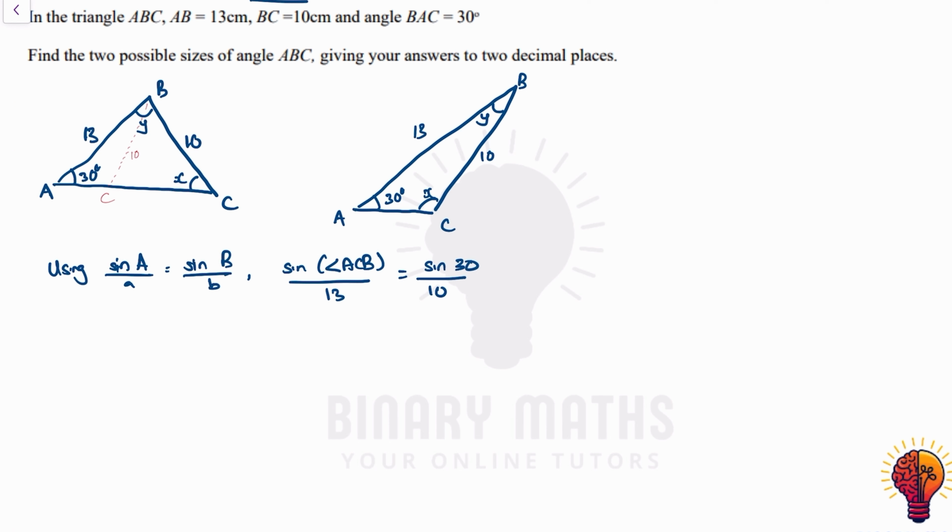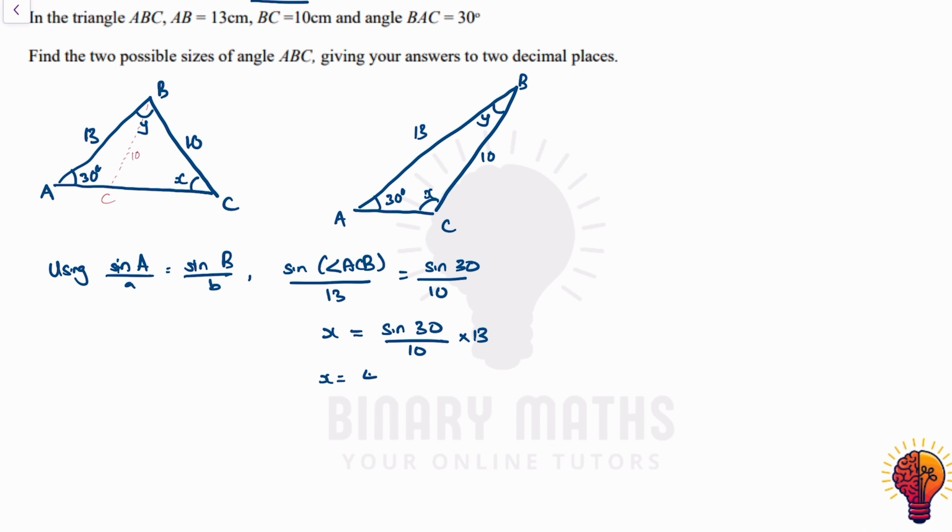Now the angle ACB is just X, so let's call it X. So X must be equal to inverse sine of sine 30 over 10 times 13, which means X must be equal to 40.5416, which is 40.54 degrees to 2 decimal places. So that was one of my solutions, which is here: X is equal to 40.54.